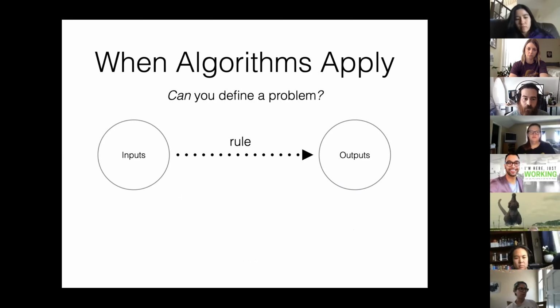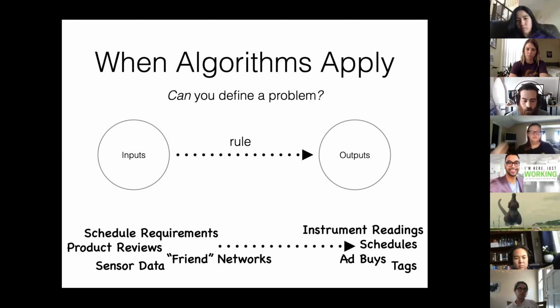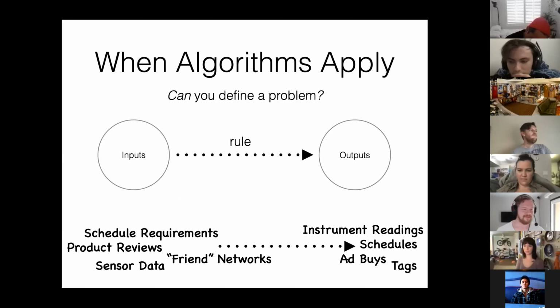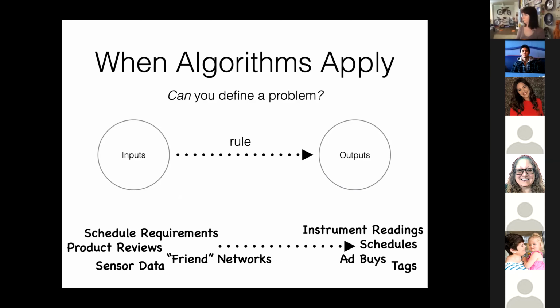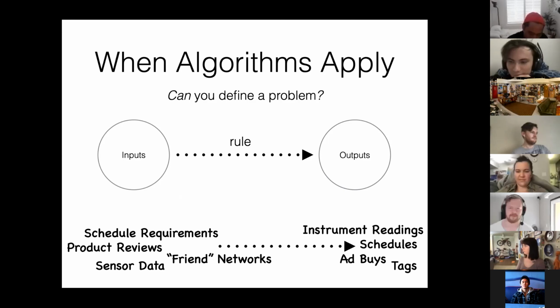So now you need to ask yourself, can you even define one of these precise problems for the situation you're in? Here's some examples of input-output domains that aren't so simple. They're not just types in your programming language, like our previous ones. Maybe you have some kind of scheduling requirement for a college. You're trying to assign rooms to courses or something. Maybe you have a bunch of sensor data and some scientists want you to do something with it.